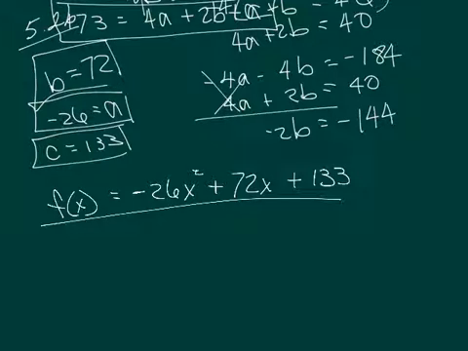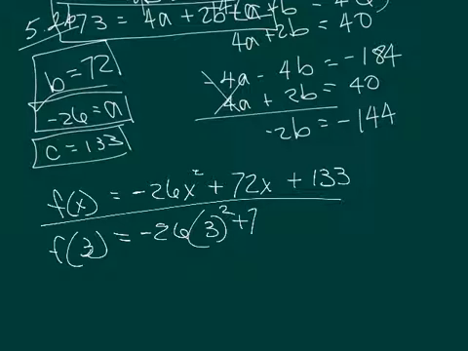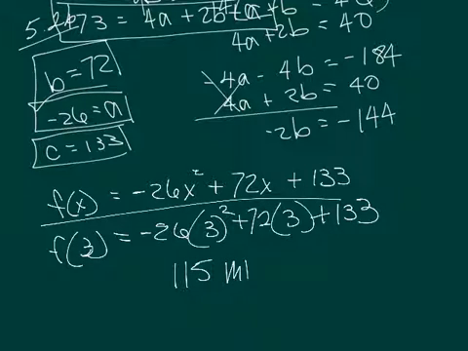Now I can start putting in number of years. I could put 10 years from now in for x, and it would tell me how many salads were sold. But they're only interested in the third year. So I'm just going to put that there, and I find out the answer is 115 million salads.